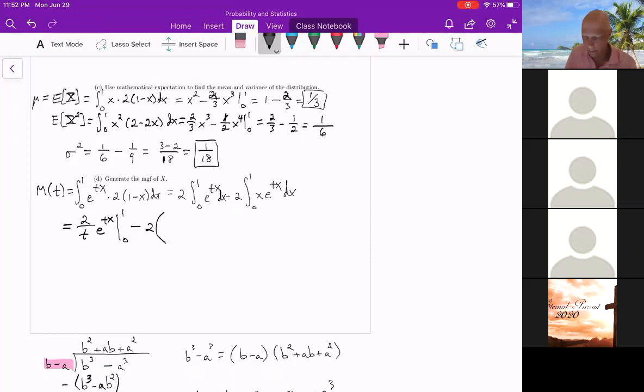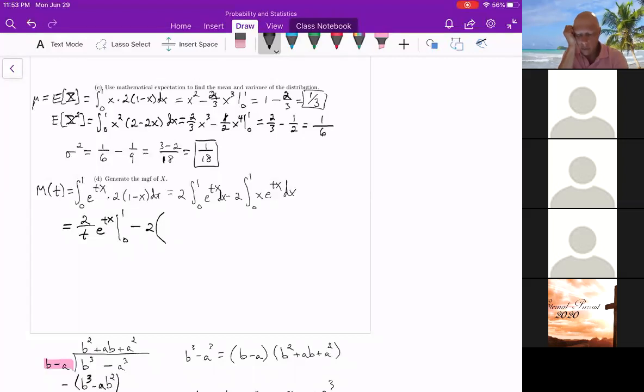But you know the part where it's e to the tx times 2 times 1 minus x? I put 2 on the outside, and I distributed e to the tx with 1 minus x. I don't know if that's right. That's exactly what I did, Sydney. So if yours looks like mine, then it's right.